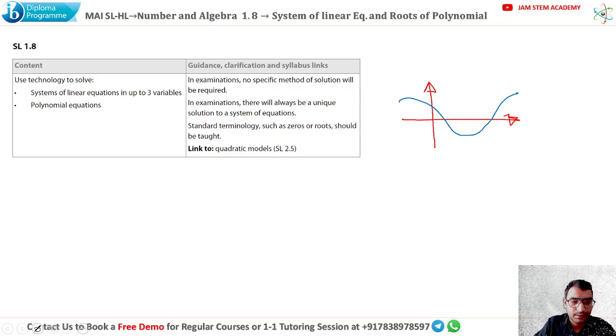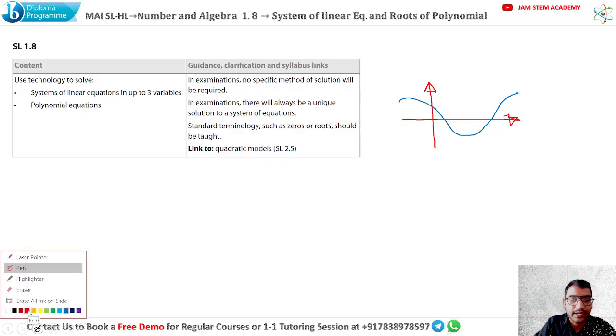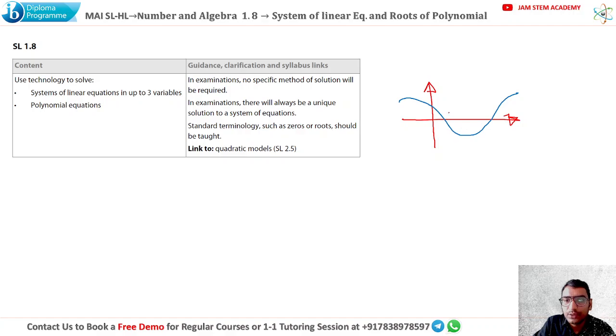Now you are going to find the zeros of that. Zeros means those values of x which make the function, let's say the graph is for y equal to f of x, so that value of x which will make the entire expression equal to 0. That x-value is the zero of the polynomial.